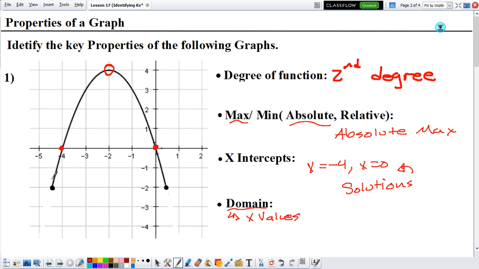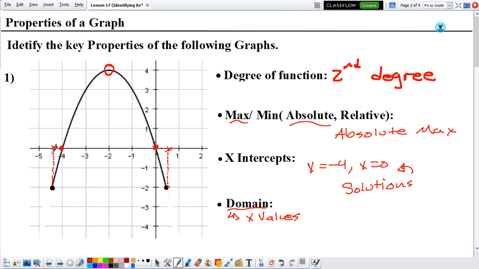Well, let's see. I know that my graph starts at this point, and I know my graph ends at this point. So what are the x values that my graph uses? It starts around this point and ends at this point. So my domain is going to be from this x value to this x value.